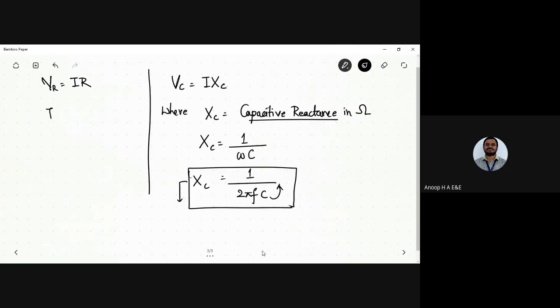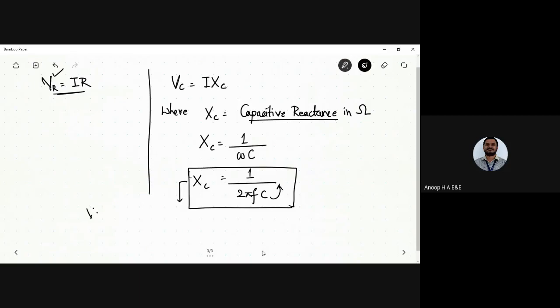So I would be equal to VR divided by R. You can calculate the value of current once you know VR and R. But in general, how can I write the current I?